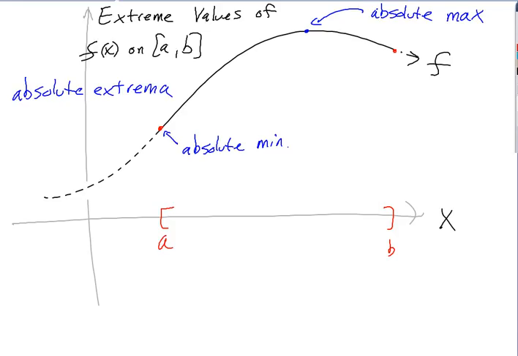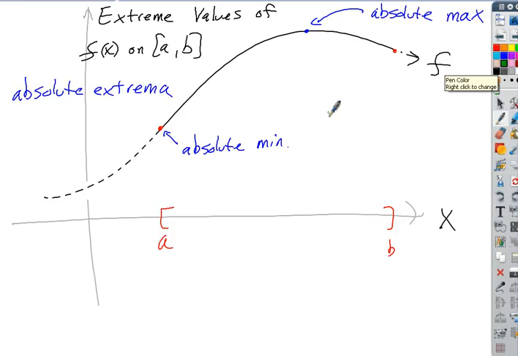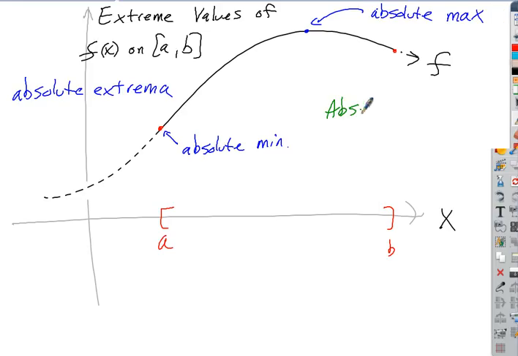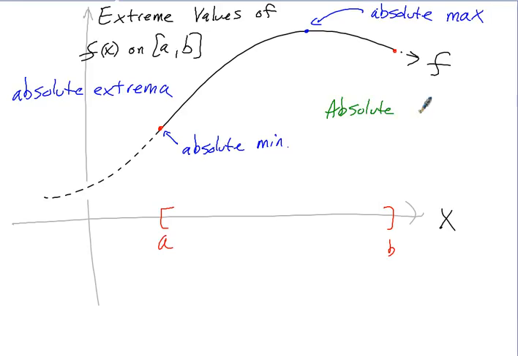Well, let's define absolute maximum. I'll get you started on this. We'll say that f of c is an absolute max if and only if, what is going on?